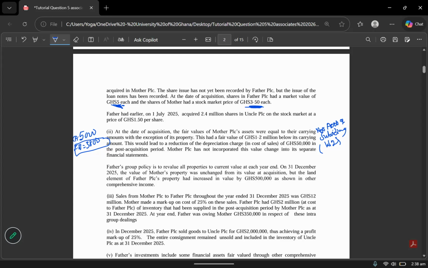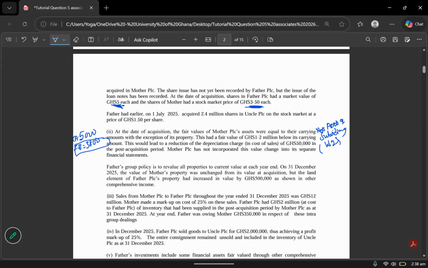If you are reducing PPE in the net assets by 1.2, depreciation being the reverse of the net assets adjustment, you add it. If you are less than 1.2, you add a depreciation of 50. You will do that in a post-acquisition period.